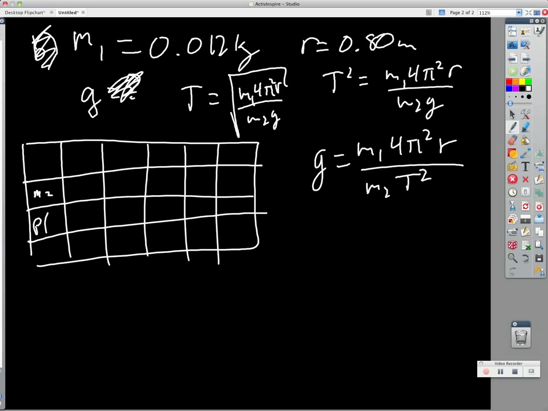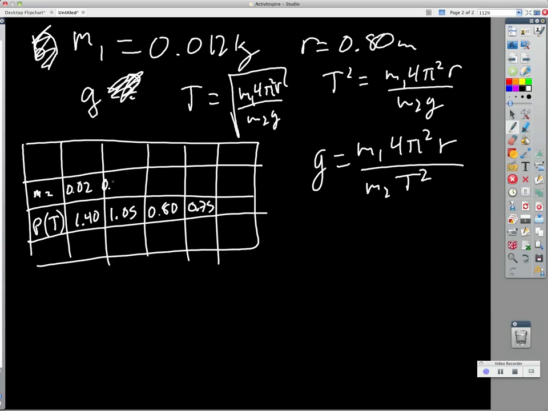So what you do is you just plug these values, 1.4, 1.05, 0.8. Oh, okay, they're changing the mass, that's right. 0.02, 0.04, 0.06, and 0.08.